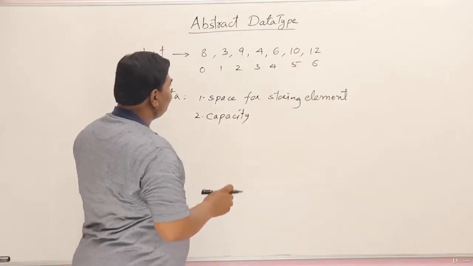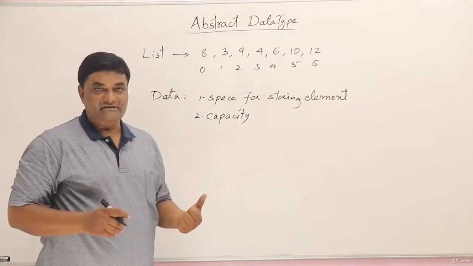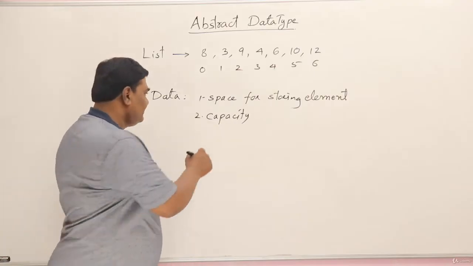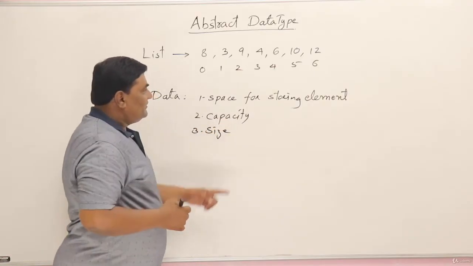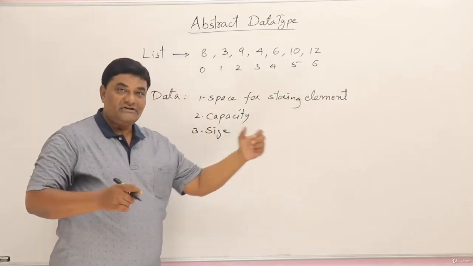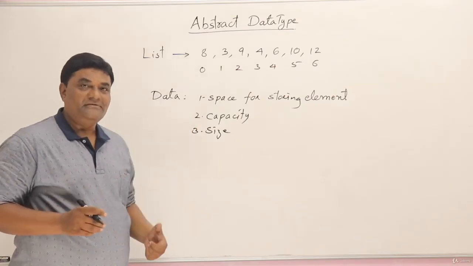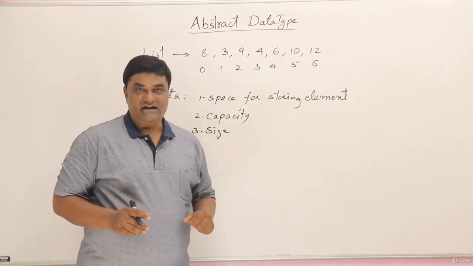Then the third thing is, inside that capacity, how many elements I already have in the list, that is the length or size of the list. So for representing this list, I need three things: space for storing the elements, its maximum capacity, and its size, that is the number of elements it is having.